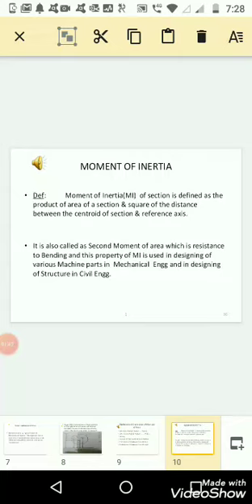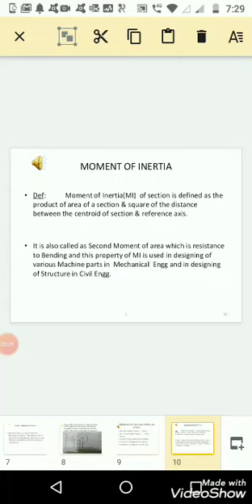Let's come to the meaning of inertia. We have studied in physics Newton's law, which says that inertia is the tendency of a body to maintain its state of rest or that of uniform motion. So, if a body is at rest, it will try to remain at rest. So here, when we club the two words together, moment of inertia means an inertia that is a resistance to the moment.